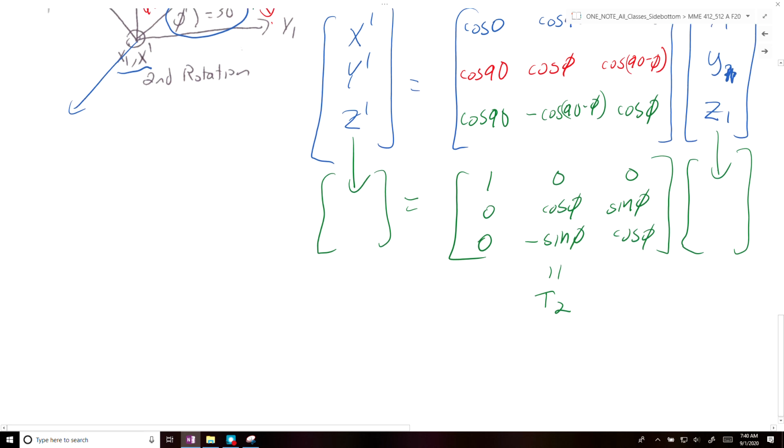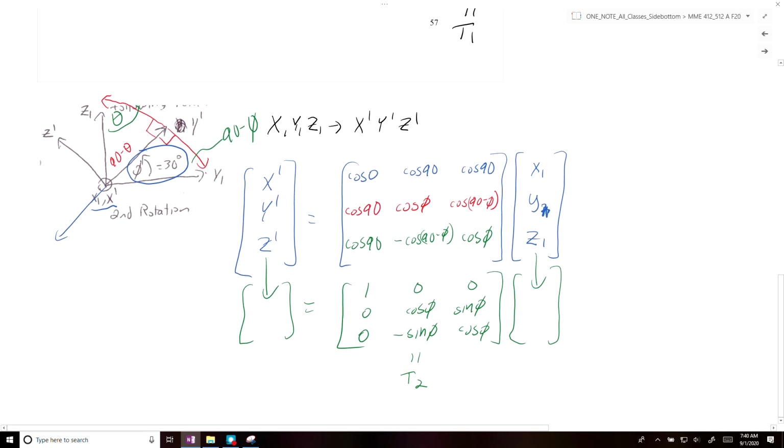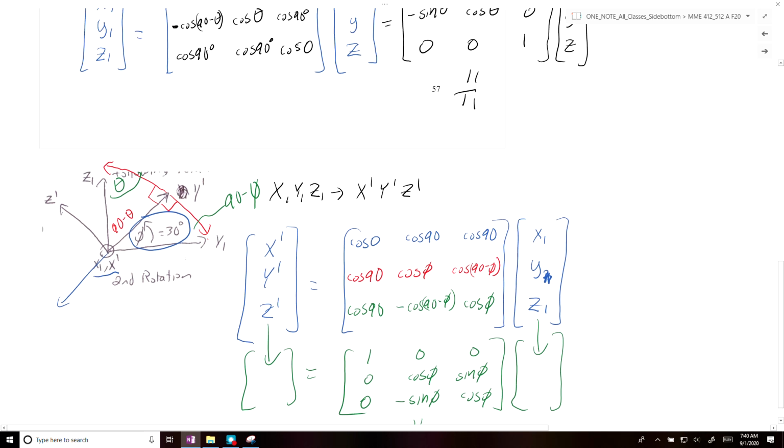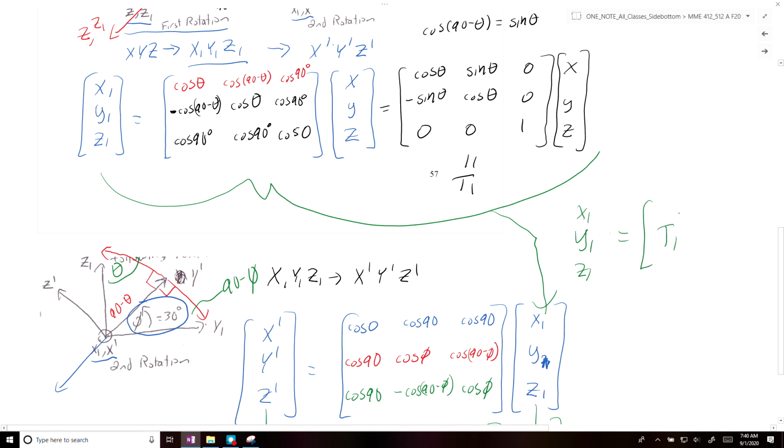We already know from earlier that x1, y1, and z1 was equal to the transformation matrix T1 times x, y, z.